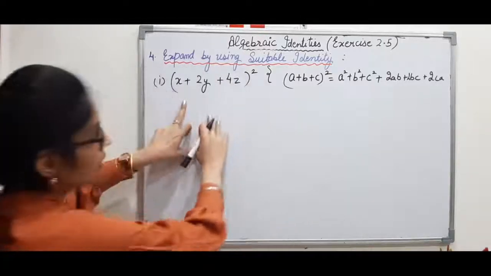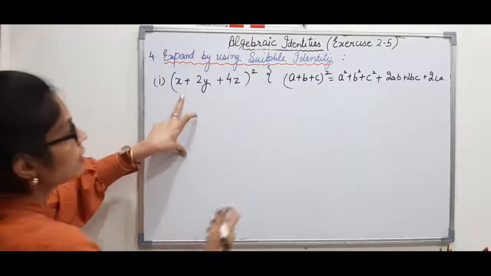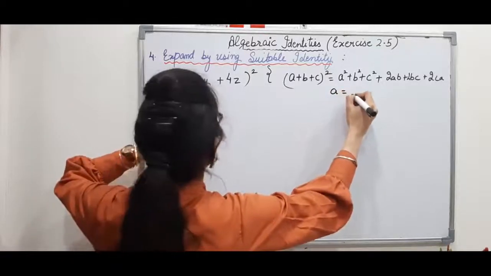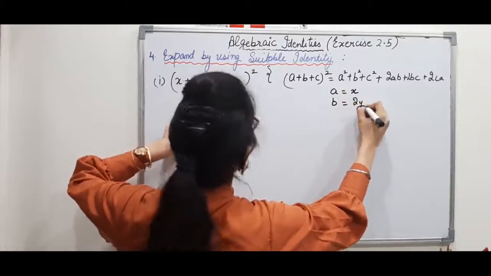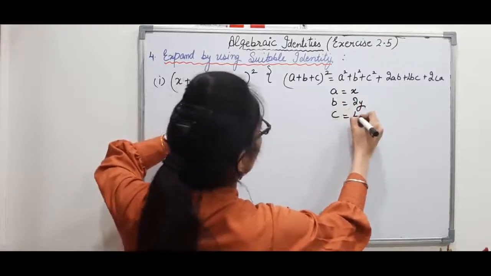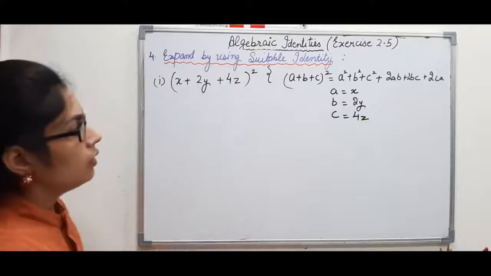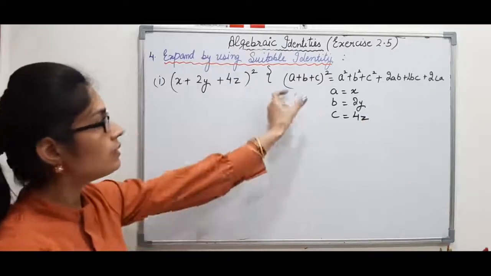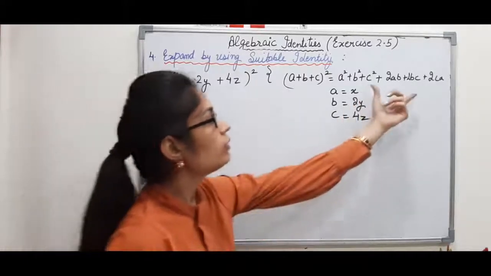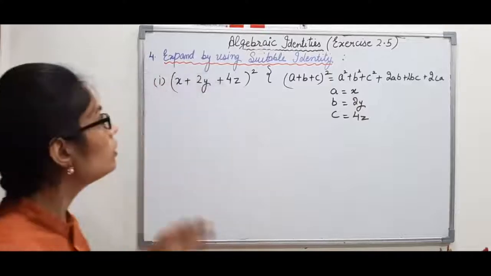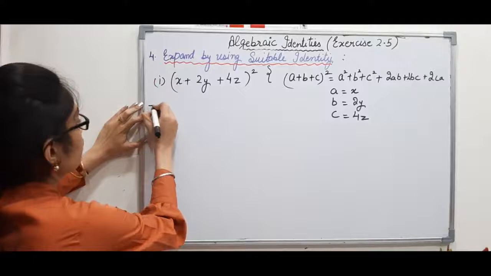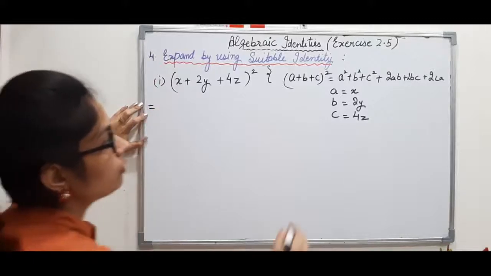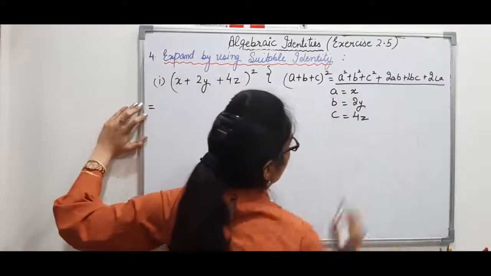So in this expression, if you compare it, you can see a is equal to x, b is equal to 2y and c is equal to 4z. Now this expression is given to us, so we'll use the expanded form because we have to expand it. So we'll use this now.